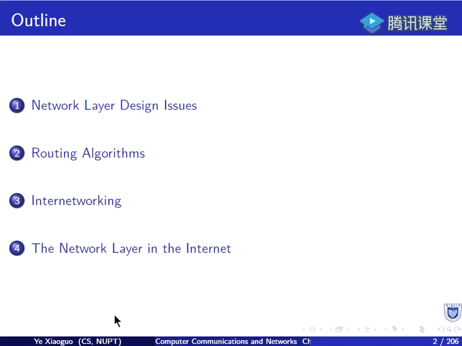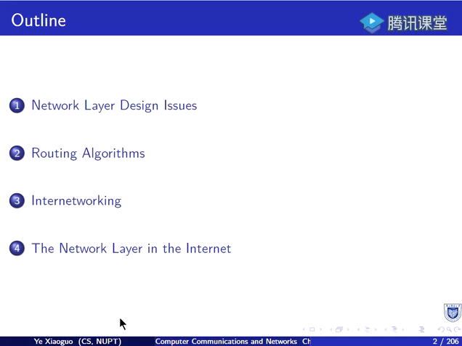For the network layer, we will focus on these 4 points: network layer design issues, routing algorithms, internetworking, and the network layer in the Internet. In this chapter, we will talk about IP protocol, IP packet format, IP address, and IP routing.